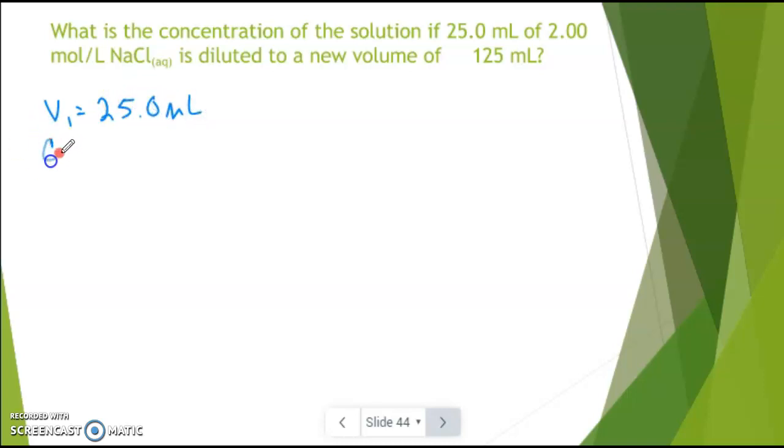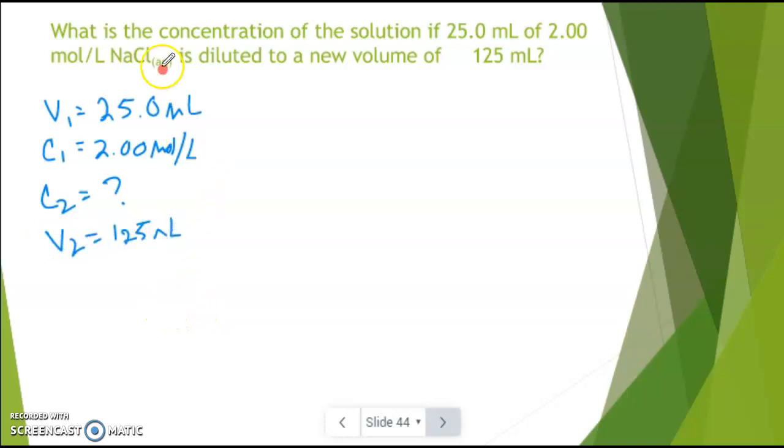We have an initial concentration of 2.0 moles per liter of sodium chloride, the compound we're dealing with. And we want to know the new concentration after we dilute it to a new volume of 125 milliliters. Notice it's saying dilute to a new volume, it's not saying adding 125 milliliters.